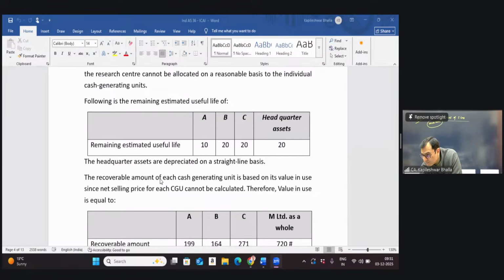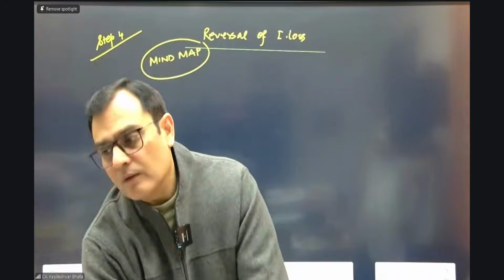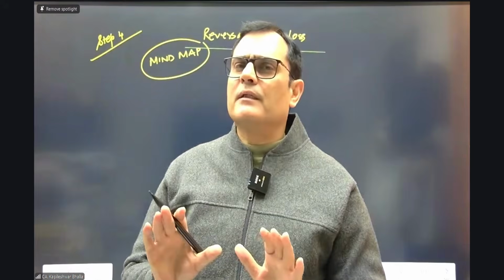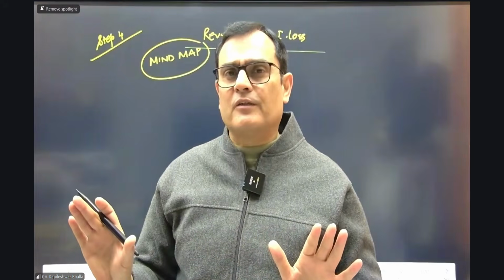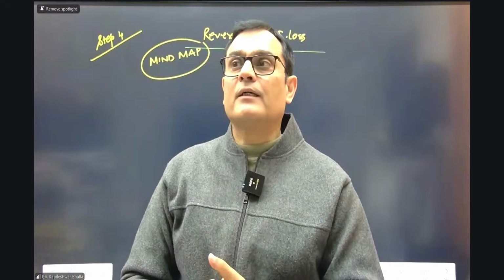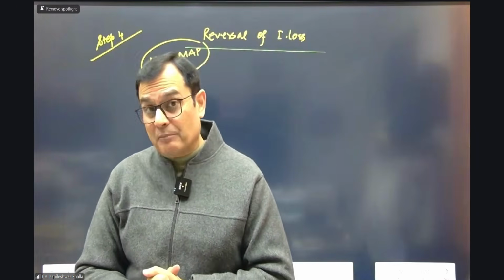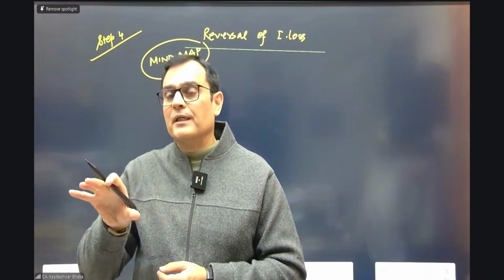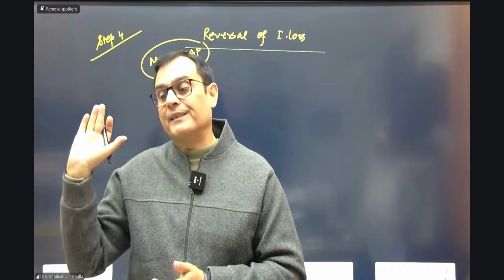Sir, I understand, but my question is, if in the question useful life is not given, how can we allocate corporate asset? If the useful life is not given, then you can simply allocate in the book value ratio itself. Then there is an indirect presumption at the back of the mind that the life of all the assets is common. I just divide it in the book value ratio directly.